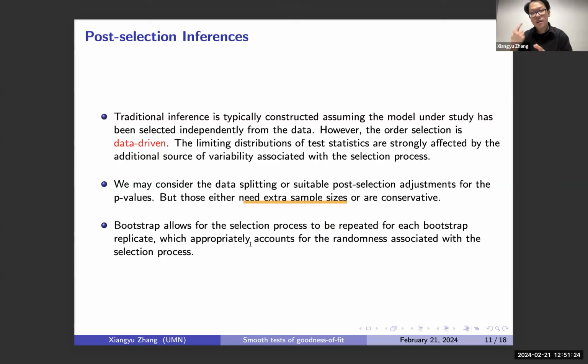Bootstrap will not be conservative. It's an exact estimate of your p-values, your confidence intervals, and so on. And it does not need that extra sample size. So bootstrap can solve these problems, but bootstrap can meet the problem of heavy computation.